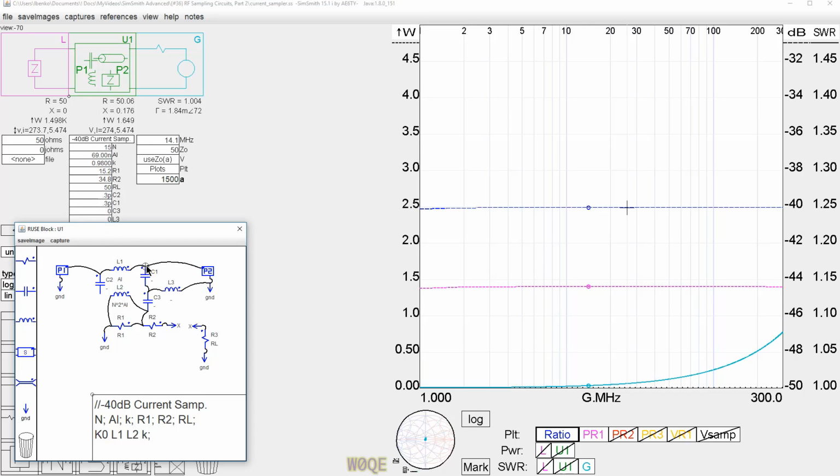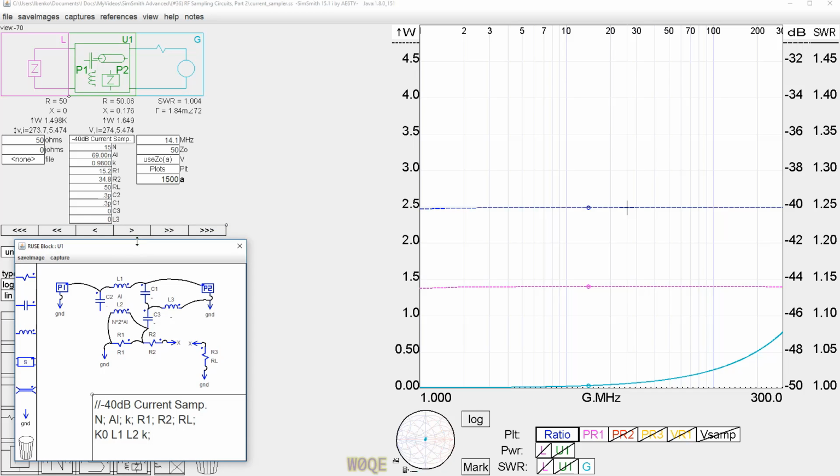We have capacitance from the center conductor to the shield. We have capacitance from the shield to the one side of the transformer, and then we have some small impedance here at the center where the shield is to the actual ground of the circuit. This is not really the ground of the circuit. This is isolated from it by a little bit. So if we put some numbers in there, let's make L3 maybe 5 nanohenries for now.